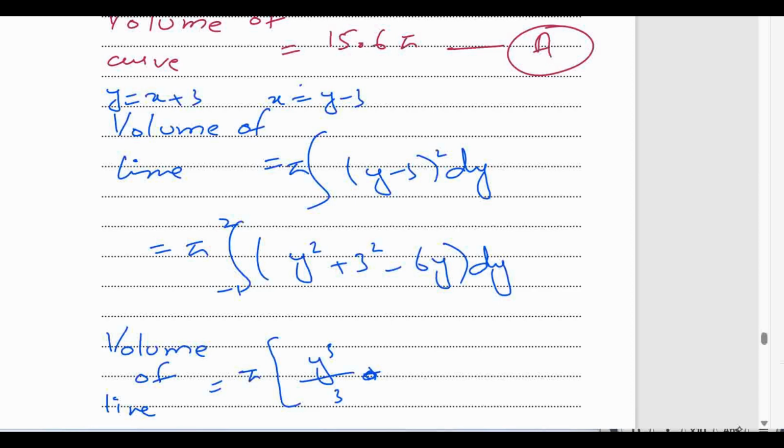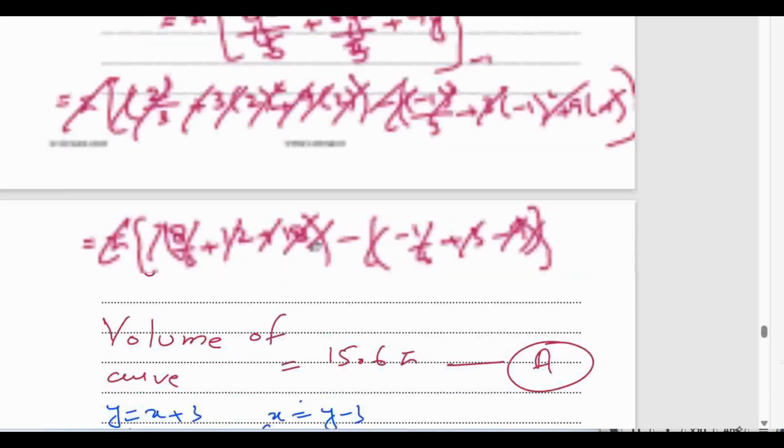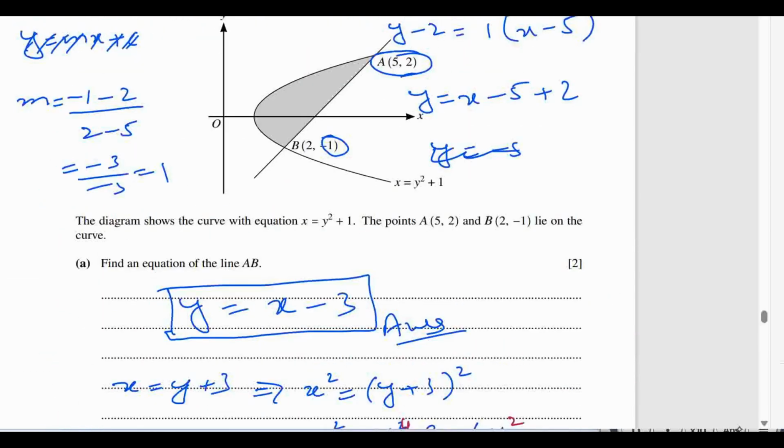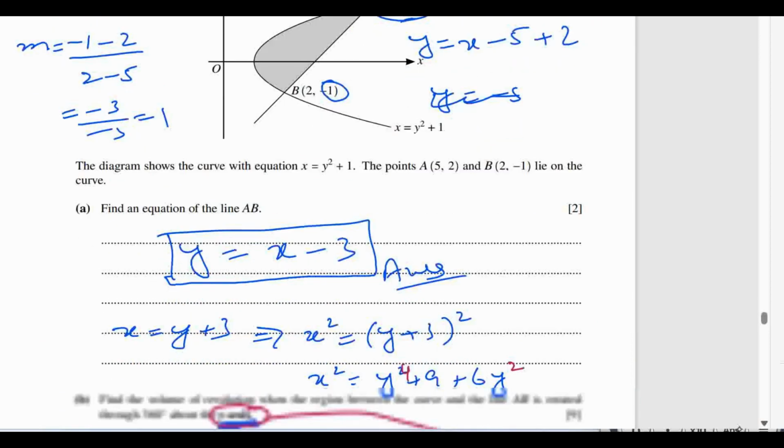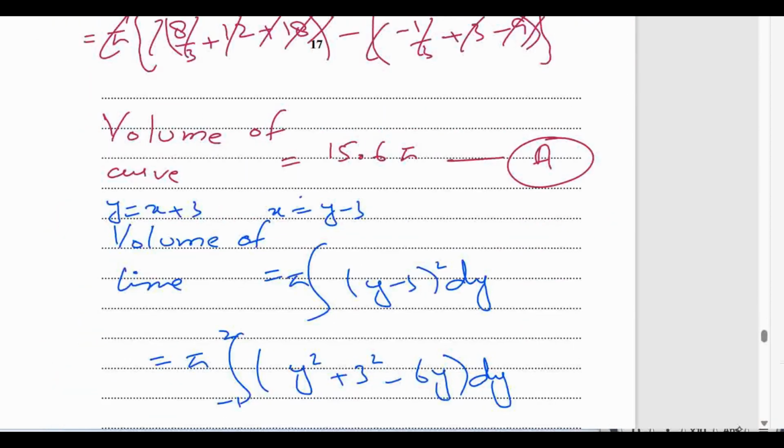Originally, what was the equation of the line? y is equal to x minus 3.